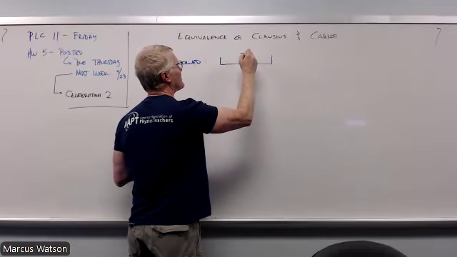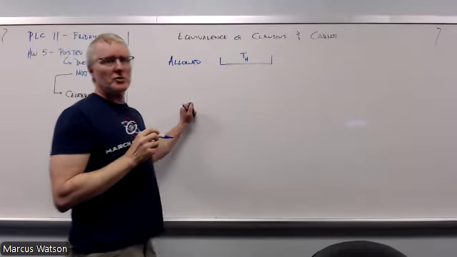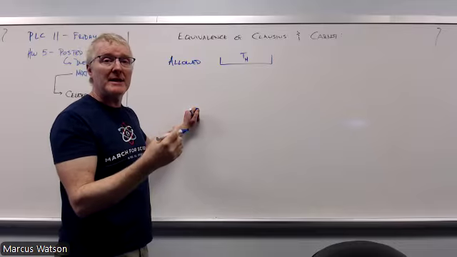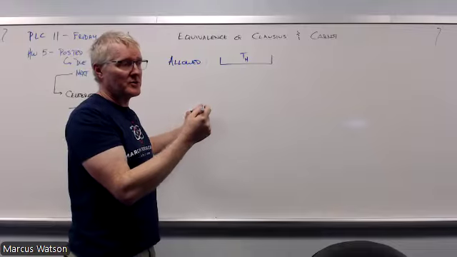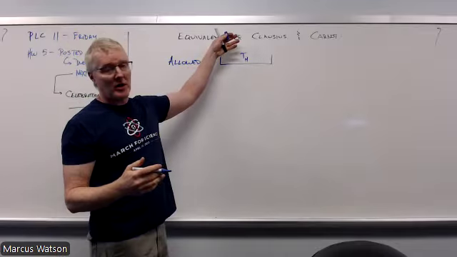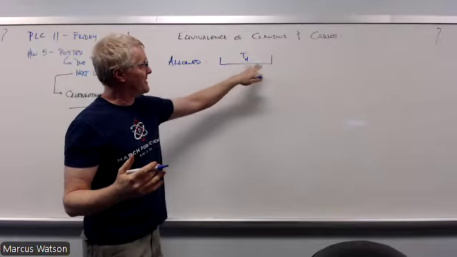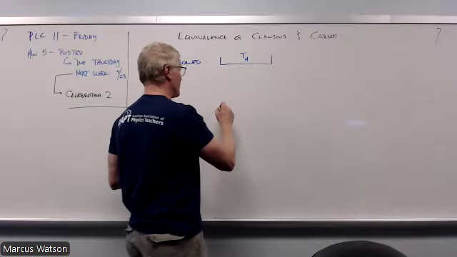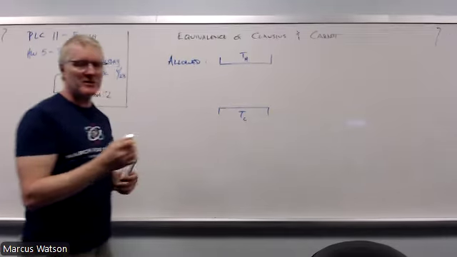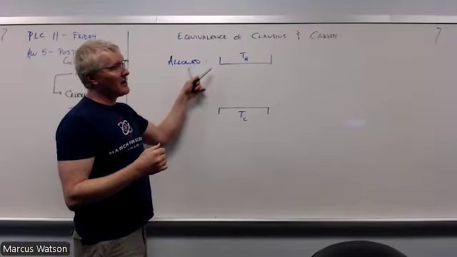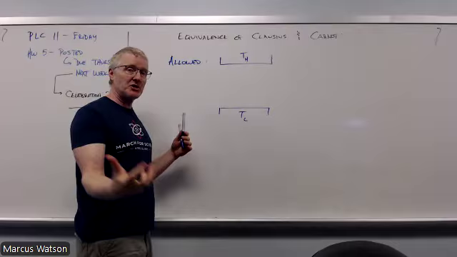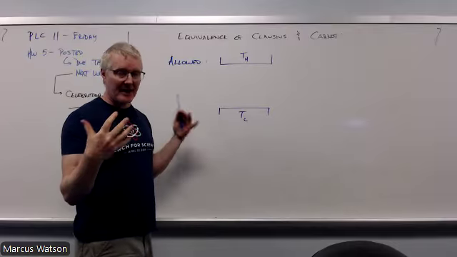Now, remember that in order to draw these things out, what we need is to examine the wording and to then set up something that obeys the wording. Both of these talk about heat reservoirs, so that's what these boxes are. These are heat reservoirs at different temperatures. I know I've talked about heat reservoirs before. The idea of these is that they are so large that a heat exchange with something else does not affect their temperature.